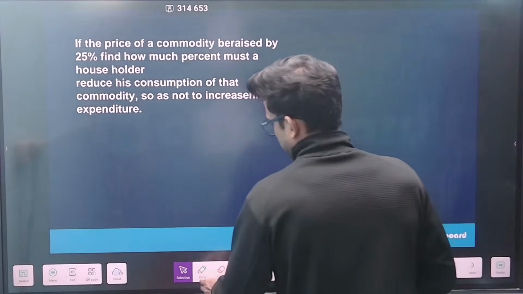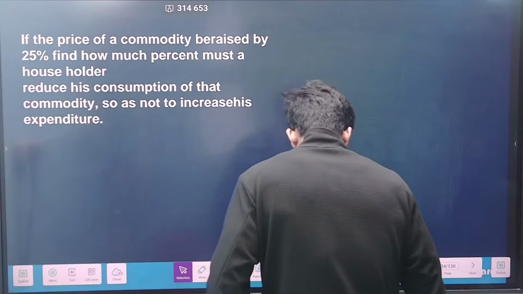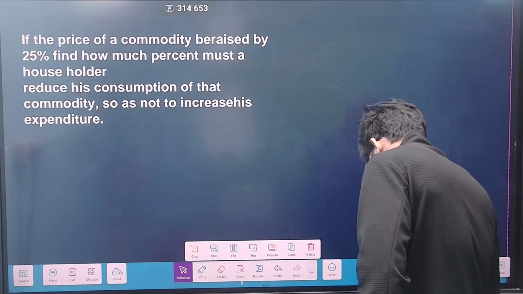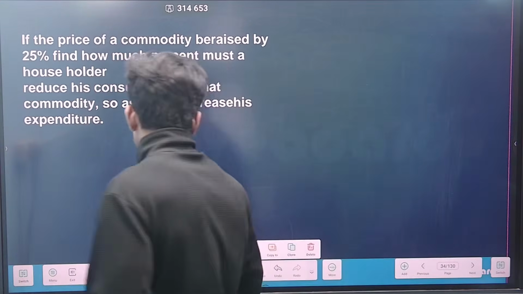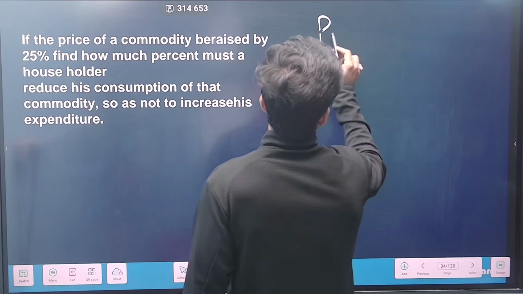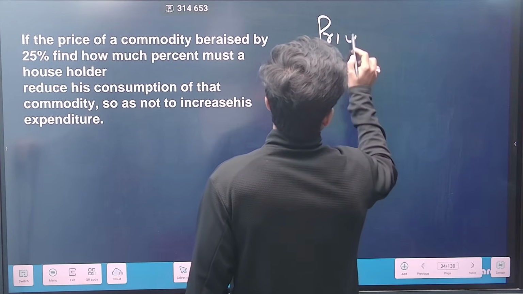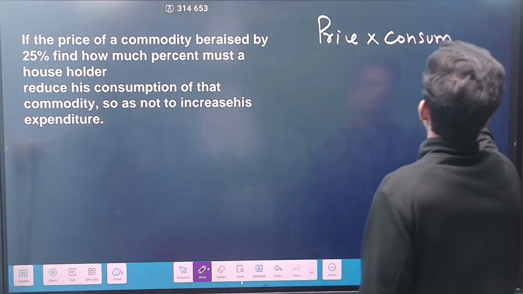Try this. Now again, price into consumption. The question is of price into consumption. Correct?